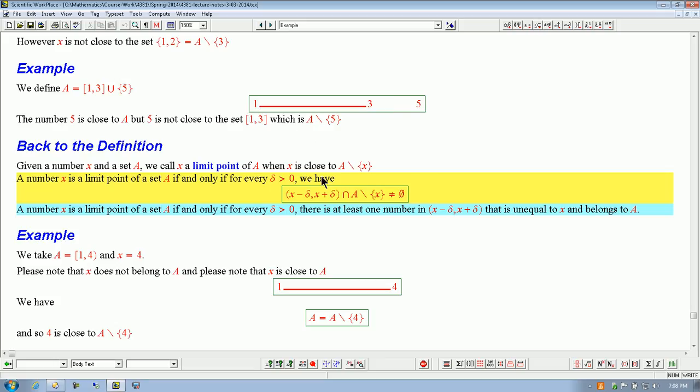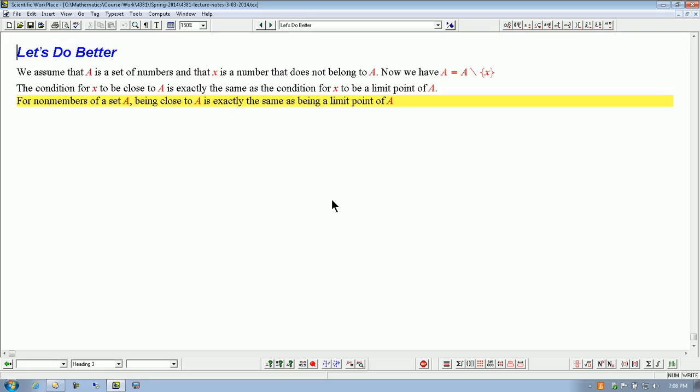So a member of a set, of course, will always be close to the set. You understand? A member of a set will always be close, but may not always be a limit point. But a non-member of a set will be close to the set if and only if it is a limit point. Why? Suppose X does not belong to A. Well, A and A slash singleton X are exactly the same thing.